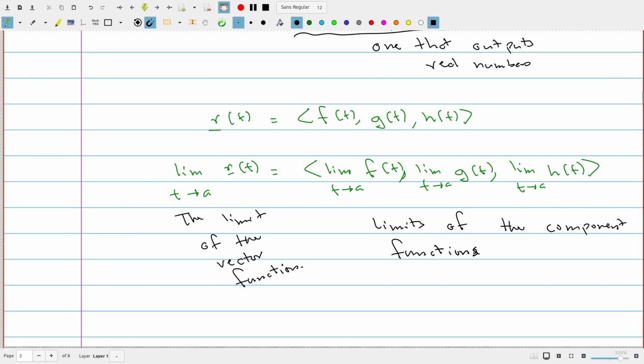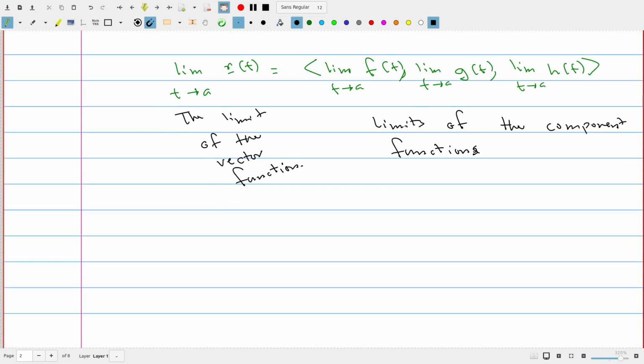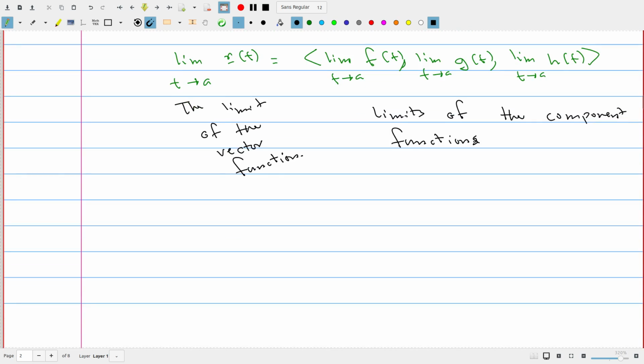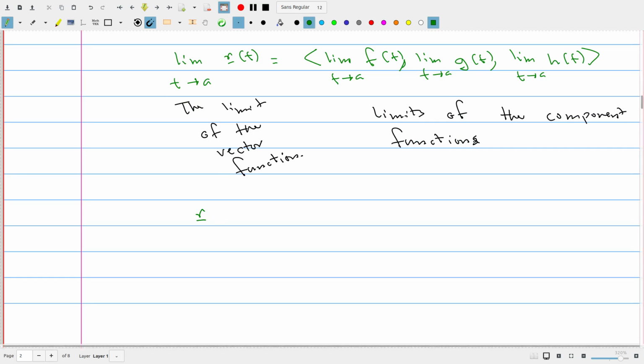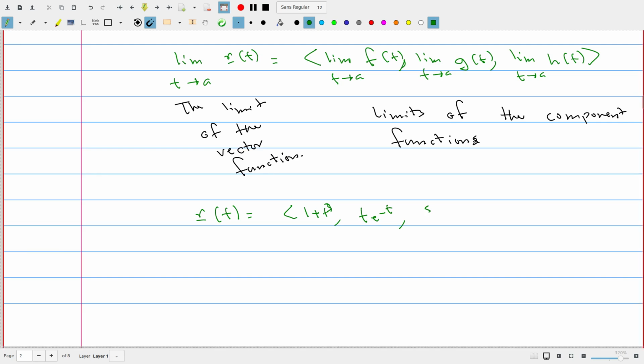Let's look at an example of this. Let r(t) equal 1 plus t cubed, t e to the negative t, and sine t over t.